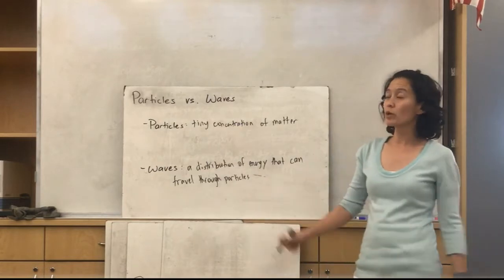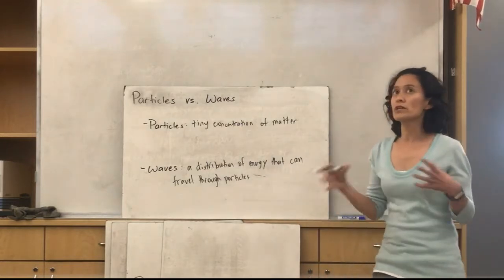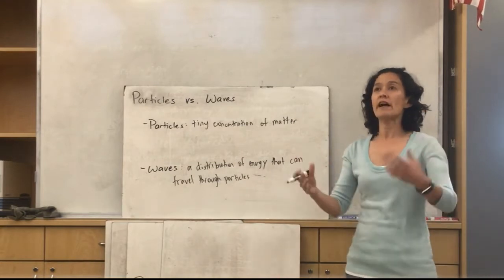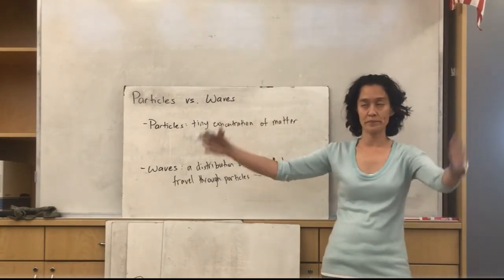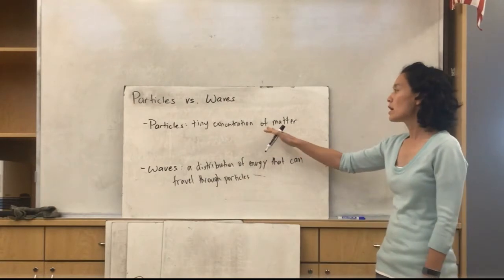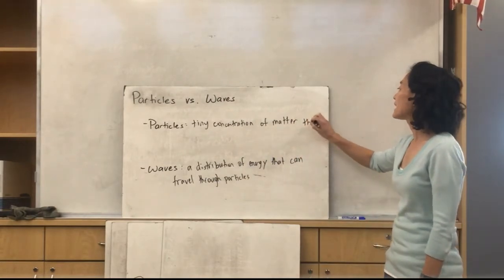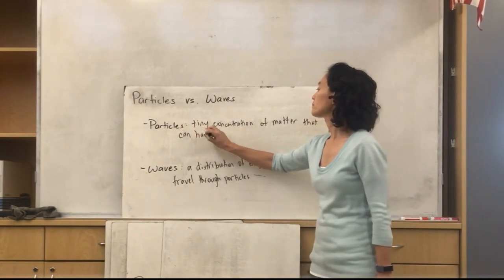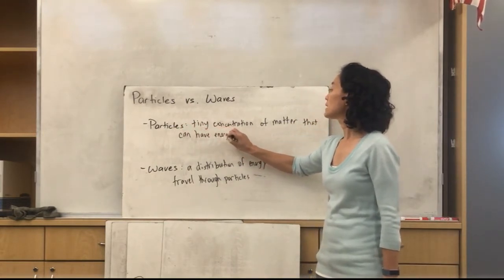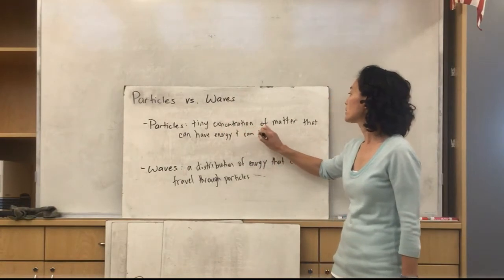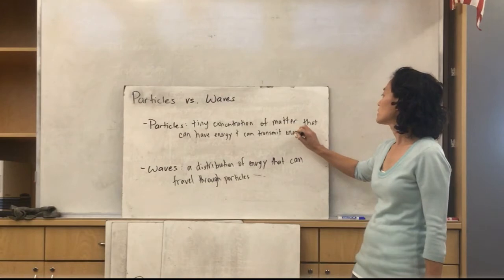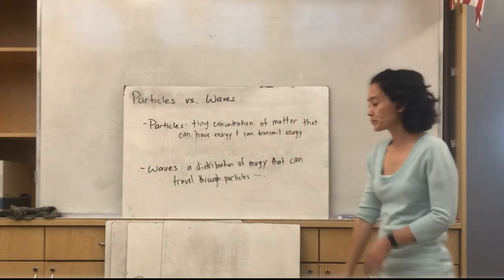Some waves don't need particles, but I'm trying to distinguish the difference between a particle and a wave. A wave is a distribution of energy that can go from one spot to another spot, okay? A particle is a concentration of matter that can have energy and can transmit energy, like from one object to another object, okay?